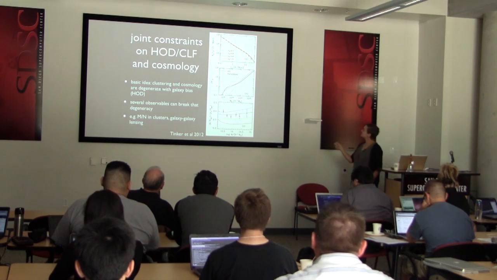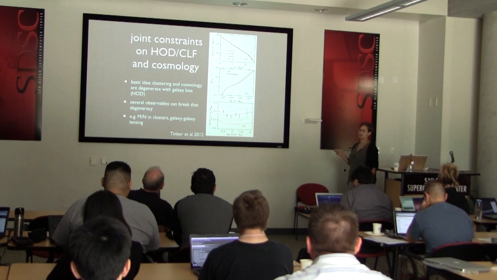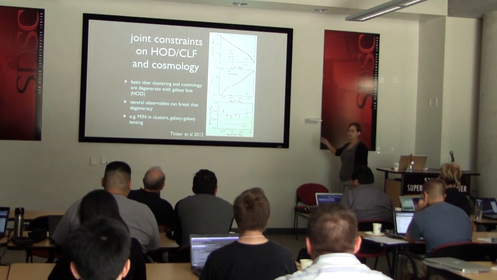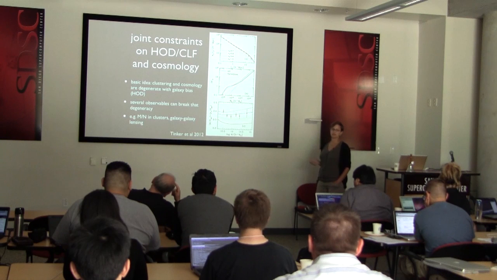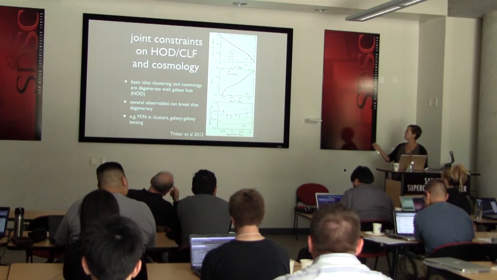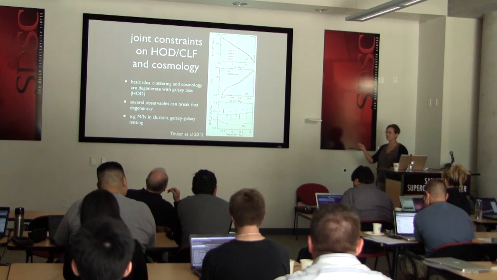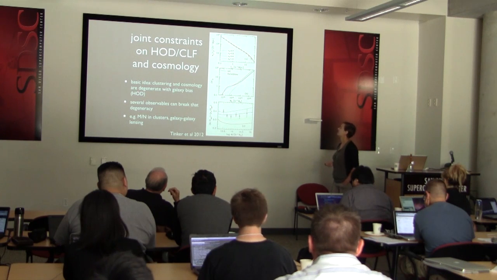And what you see is that, let's imagine that you have a measurement of the correlation function given by these red points. You can jiggle your galaxy bias in all of these cosmological models such that it matches that clustering. Okay? So the clustering alone cannot tell you very much about the value of sigma 8.